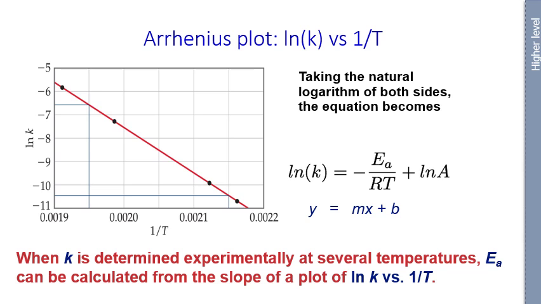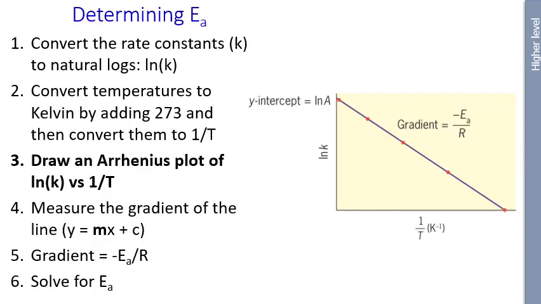So when k is determined experimentally, which it has to be, as we learned in the last topic, at a range of temperatures, the activation energy can be calculated from the slope of a plot of the natural log of k versus 1 over the temperature, of course with the temperature being in Kelvin.